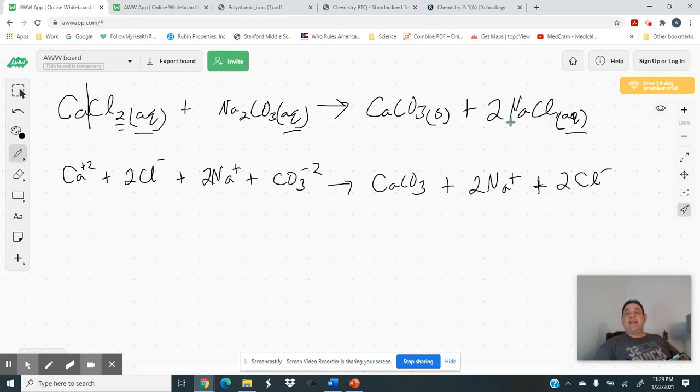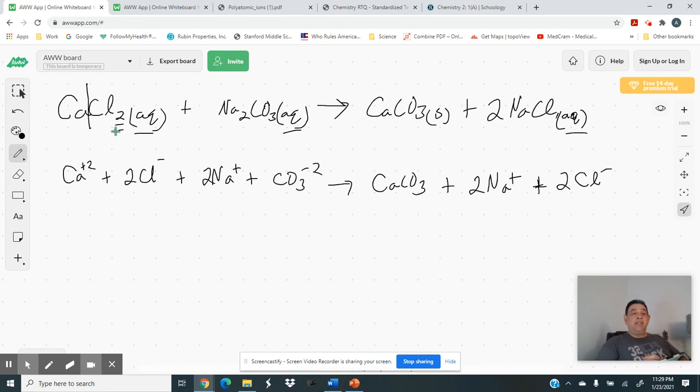It's kind of like if you had 2 hot dogs. Let's say a hot dog was a bun and a wiener, right? So if you had 2 hot dogs, you would have 2 buns and 2 wieners. So same thing with here. So if there's a 2 in front of here, it means there's 2 sodiums and 2 chlorides. So when you break them up, you end up with 2 sodium ions and 2 chloride ions.